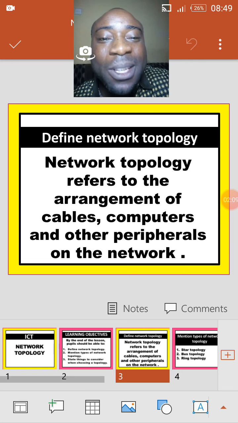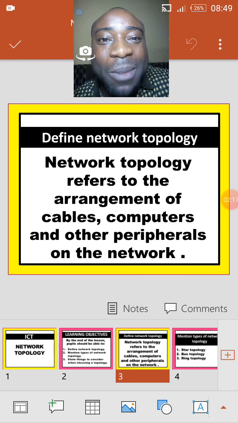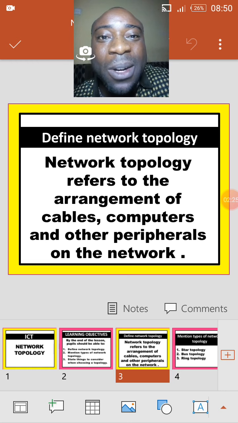So it means it follows a pattern. It follows a method. The way your room is arranged is not the same as the way daddy or mommy's room is arranged. So that's what we are looking at. When you go to a computer lab or cyber cafe or wherever they have computers, maybe in an office, if there is more than one computer, there is a way they arrange the computers.